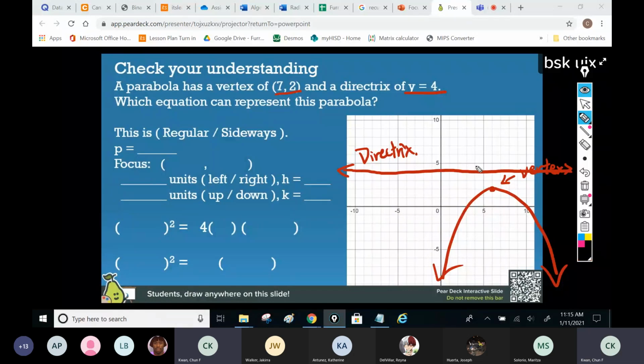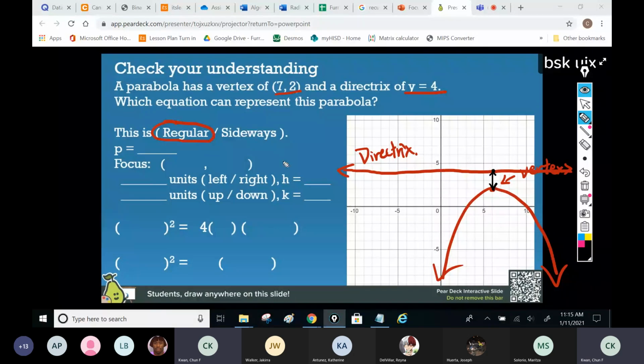So it will look something like that, and now we need the focal length. The focal length is between the directrix and the vertex right here. This parabola is upside down. So p equals the number of units between the directrix and the vertex.